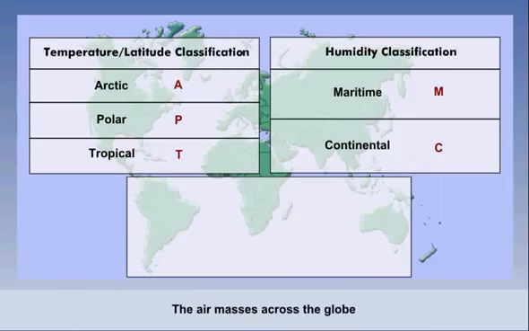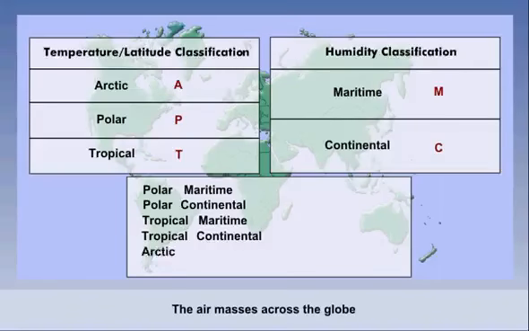Combining these, we get a full list of air mass names: polar maritime, polar continental, tropical maritime, tropical continental, and also Arctic air. These have abbreviations of PM, PC, TM, TC, and A. There is also a hybrid one called Returning Polar Maritime, RPM.